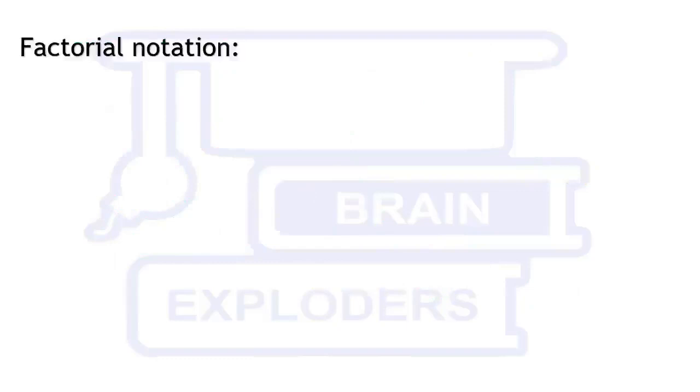Now let's see some notations which are frequently used and which are important for this chapter. n factorial, sometimes also written like this, is the product of first n natural numbers.